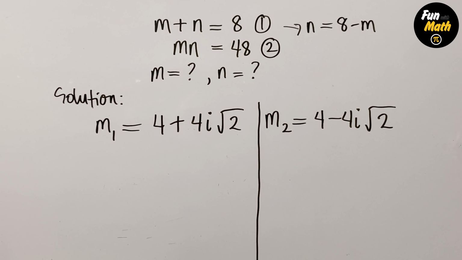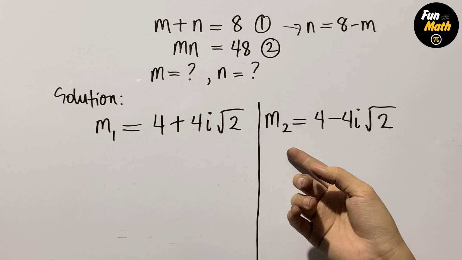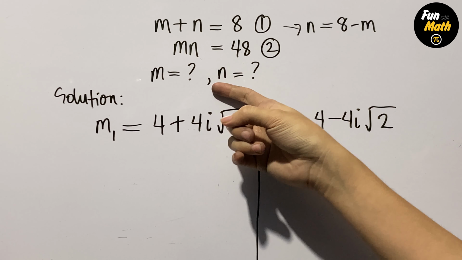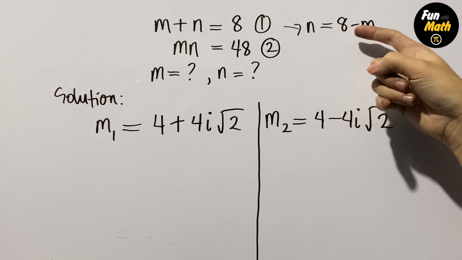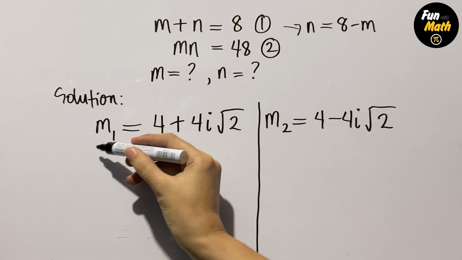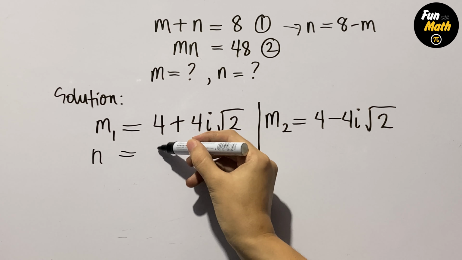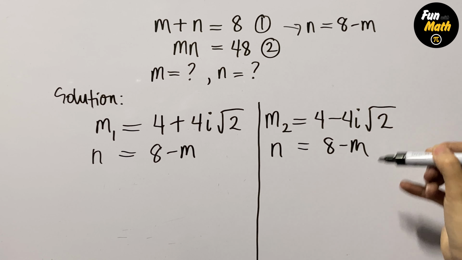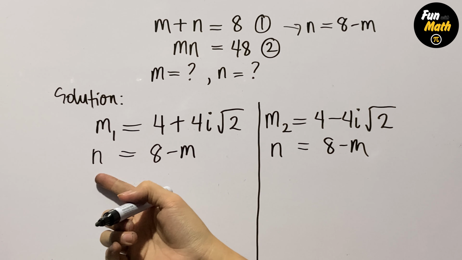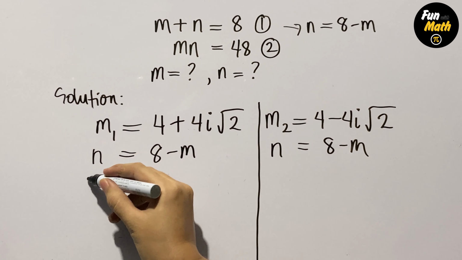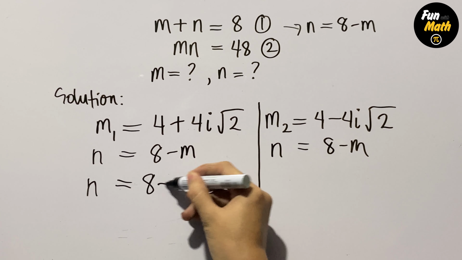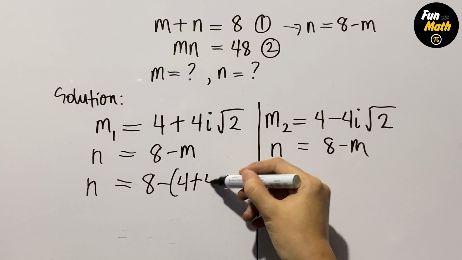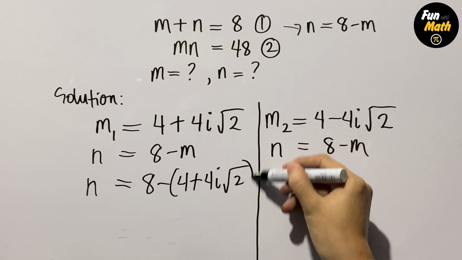To continue, since we have the values of m, now we are going to find the values of n by using the equation n is equal to 8 minus m. So let's substitute the values of m. So that is n is equal to 8 minus the value of m, that is 4 plus 4i square root of 2.